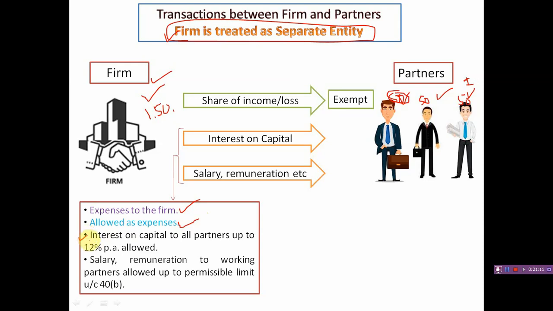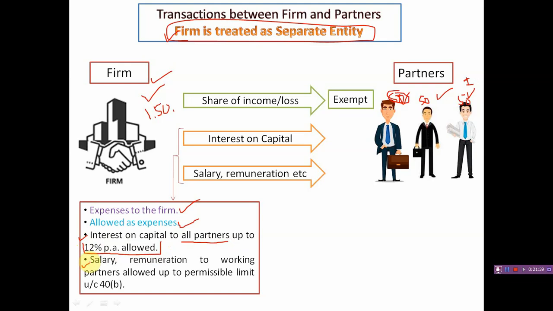The next point, what is the extent of allowable? First, interest on capital to all the partners. All the partners means here working as well as non-working partners. Up to 12% per annum simple interest is allowed. Note down this point, it is an important one. Interest on capital to all the partners is allowed as expenses up to 12% per annum.